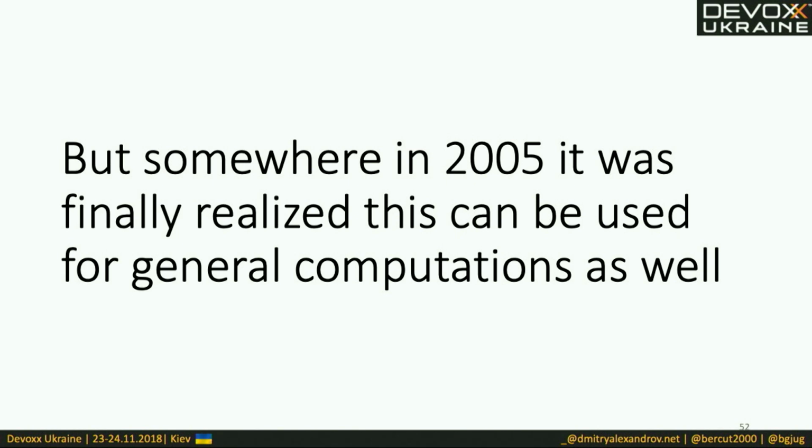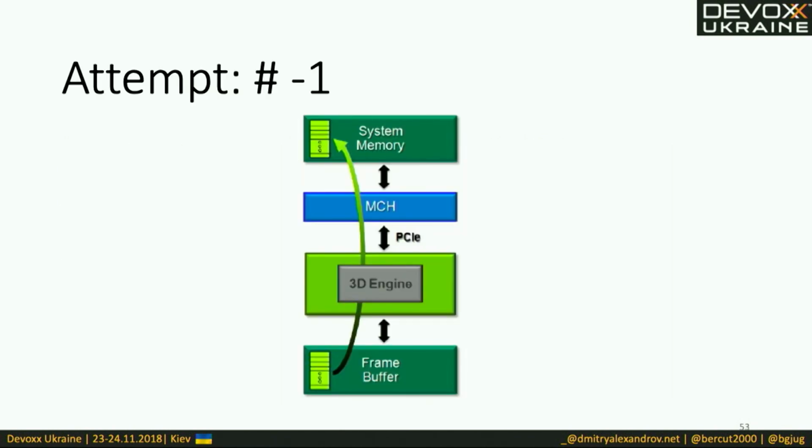Me personally, I'm not. So we have realized we have a bunch of power we want to use. And there was this attempt minus one, I call it. The vendors of video cards have opened access not only to the video cards, like you can put some shaders inside, but you can also read the frame buffer programmatically.